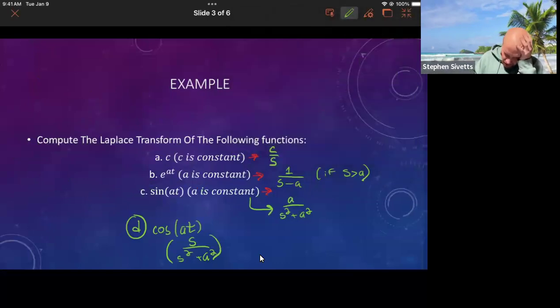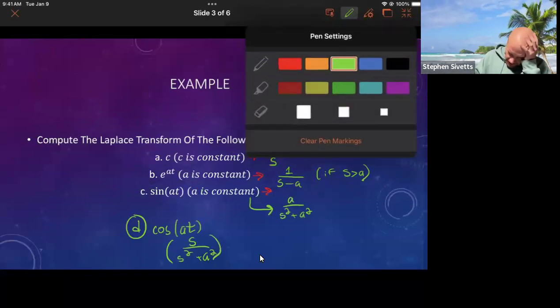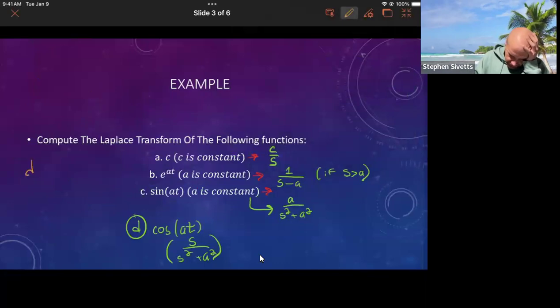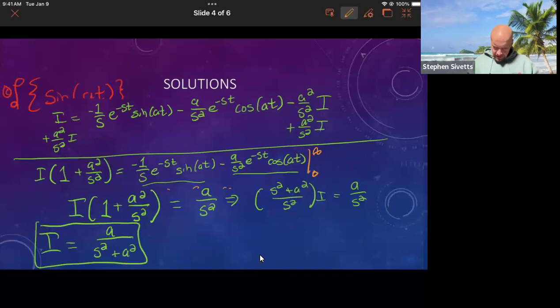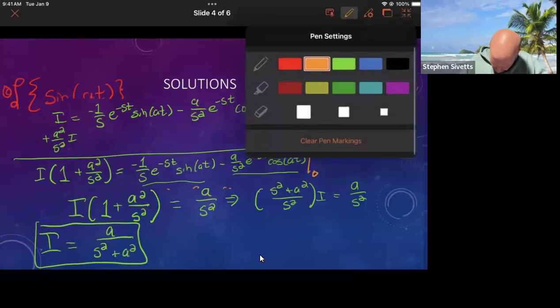So how about if we have the Laplace transform of, let's say, y prime of t with an initial condition. Okay, so this is going to be important in the next slide here. But let's actually go over the work on how we would compute that.